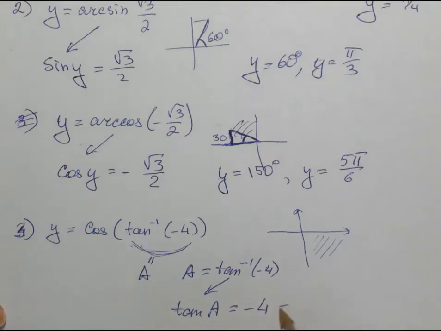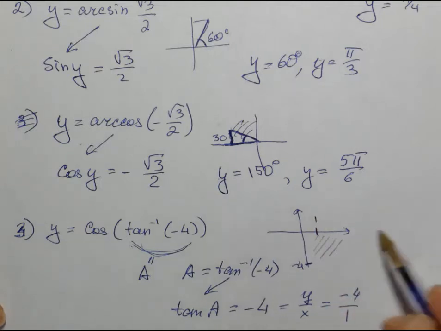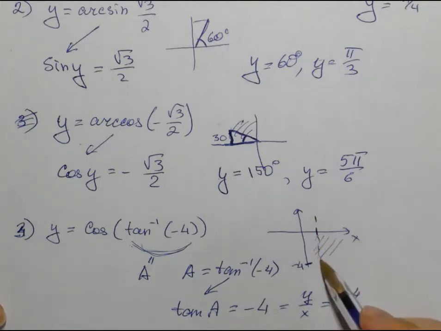So tangent is, by definition, y over x. It's a y-coordinate on the unit circle, y over x. So we can take y equal to -4 and x equal to 1 and sketch the angle. So y equals -4, 1 is x, and this is our angle A.